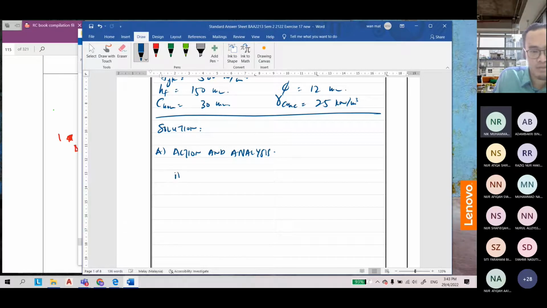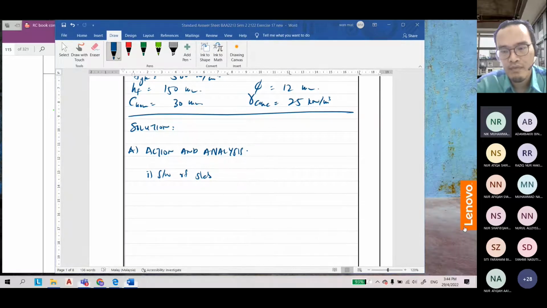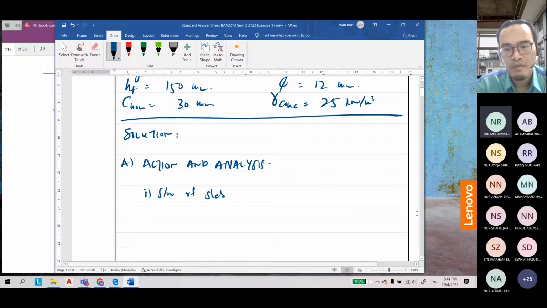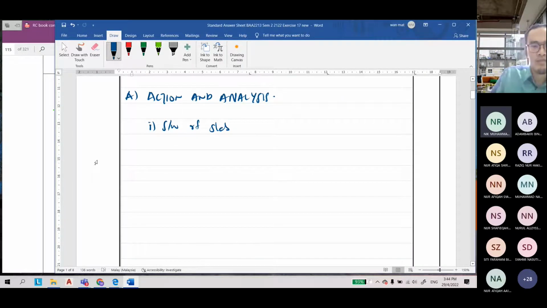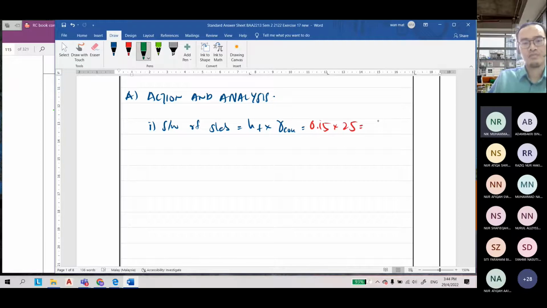First, the self weight of slab is equal to hf times the density of concrete, equal to 0.15 times 25, so the answer is 3.75 kilonewton per meter square.